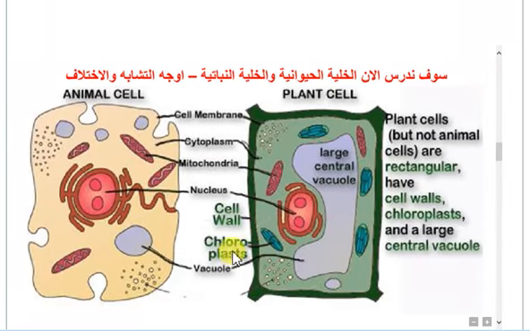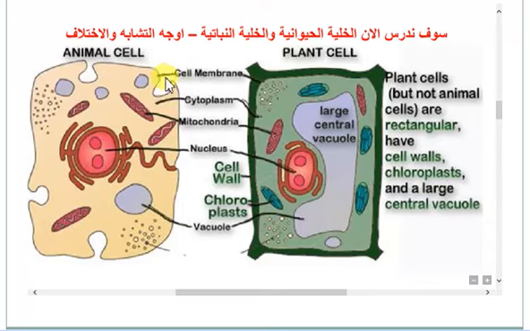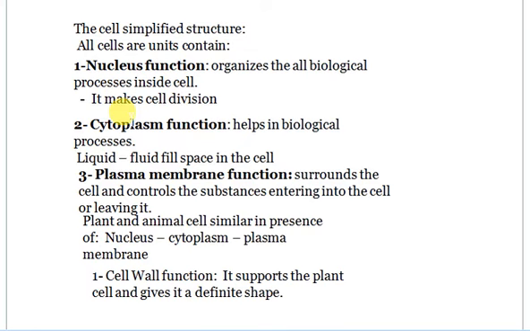All cells have cell membrane, cytoplasm, nucleus, but plant cell has cell wall and chloroplasts. All cells contain nucleus, cytoplasm, plasma membrane.